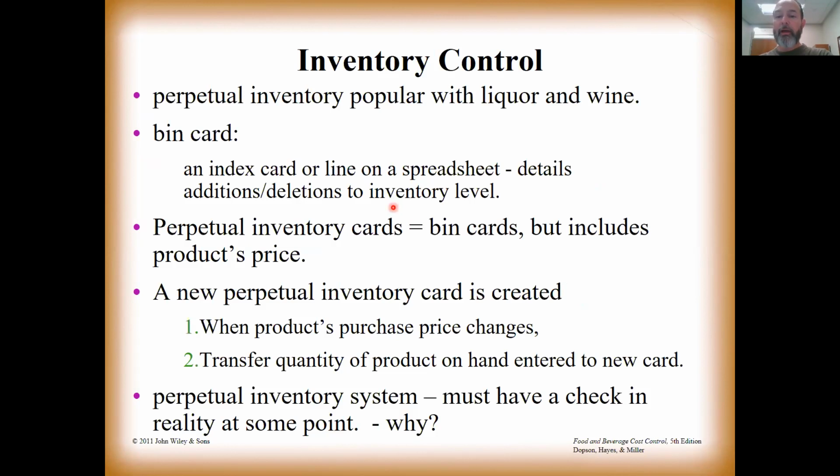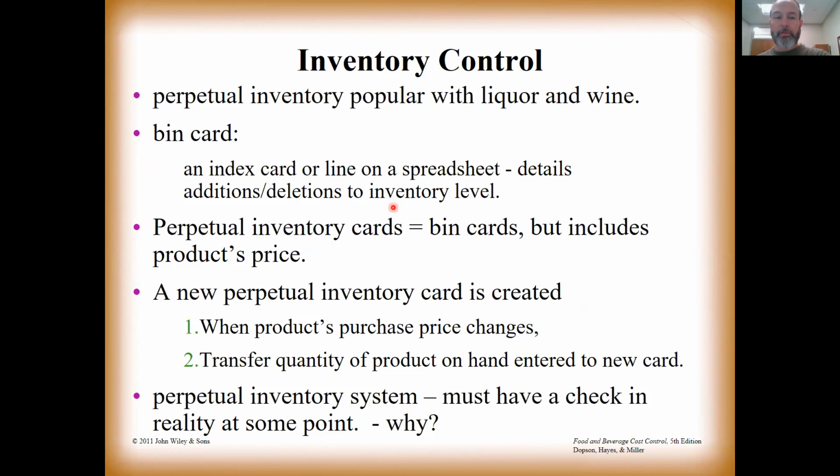Because we want a tight control over liquor and wine because these items, we know when we sell them, they'll have a very high profit margin, and so they're especially valuable to us. So on a regular basis, daily, we want to have a good idea of how much we have available.